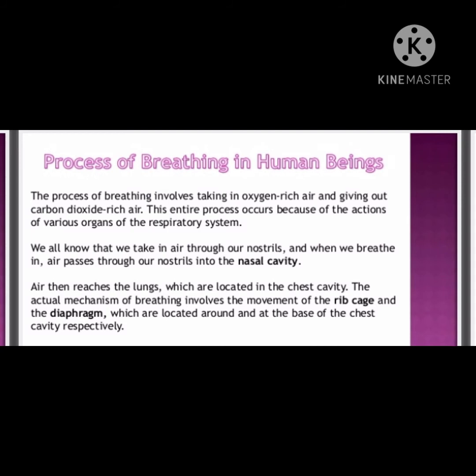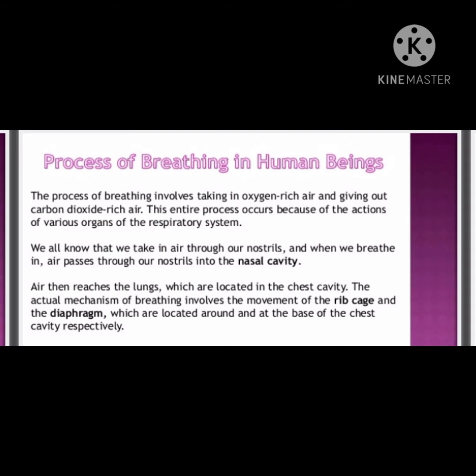The normal breathing rate in an adult person is usually between 15 to 80 times. Okay, and it will increase or decrease based on the physical activity. Then you can see there is a table on page number 110.